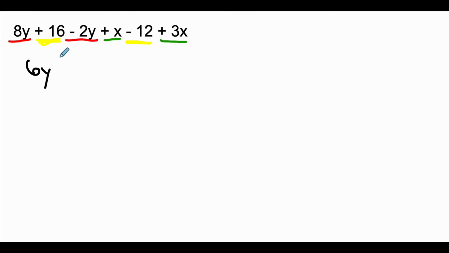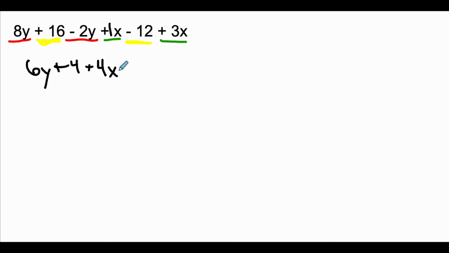The next term we have is 16, and 16 minus 12 is 4, so plus 4. And then lastly, we've got the like terms of x plus 3x, so 1x plus 3x is 4x.